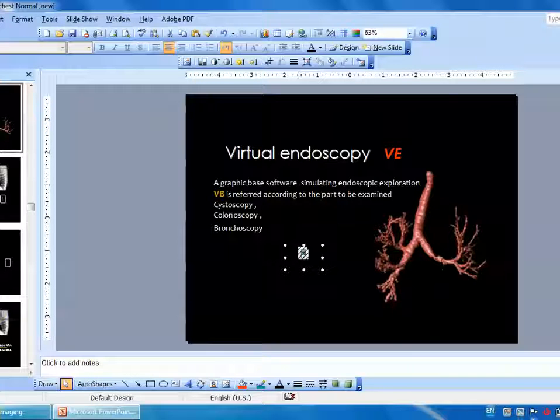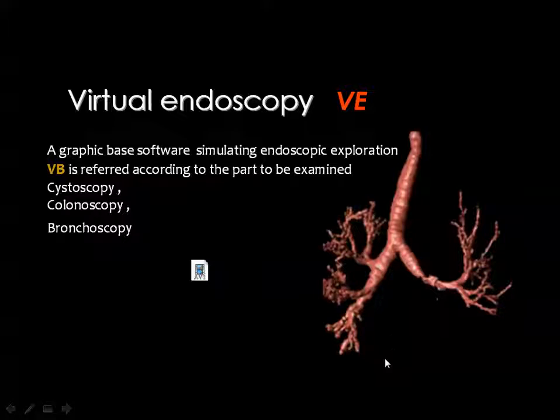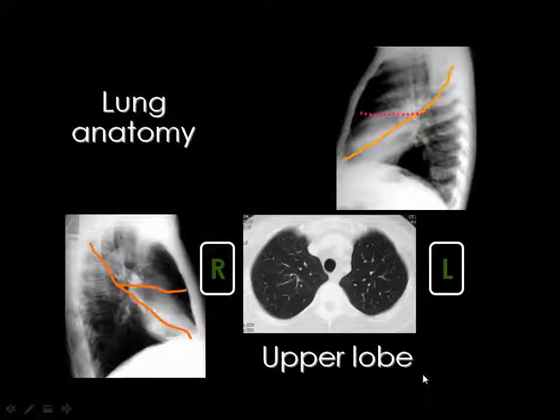Then after this we will continue with the lung anatomy, and as I have said, we will describe first the lobar anatomy, then we'll discuss the segmental anatomy.